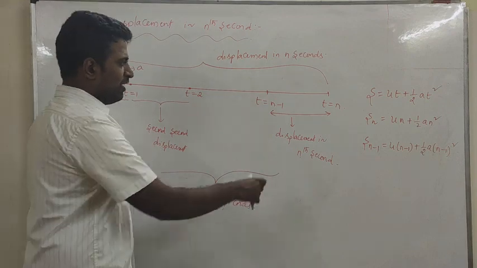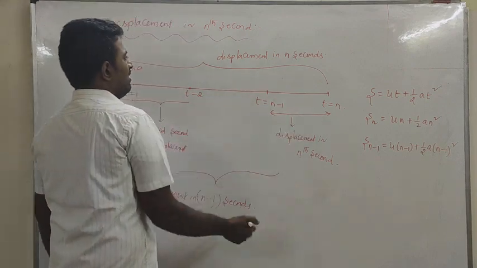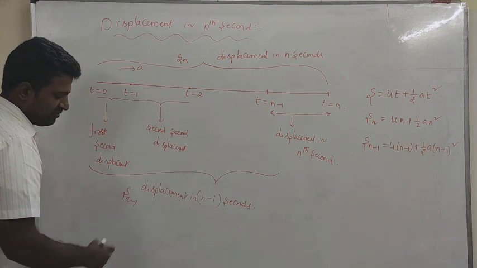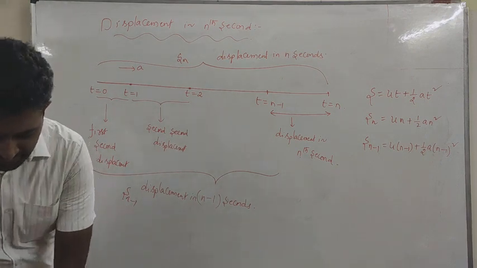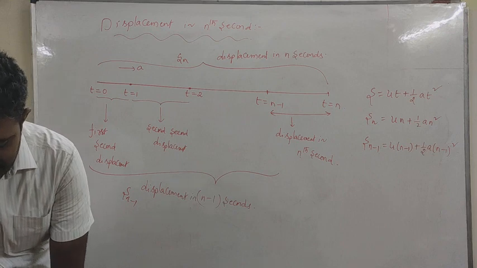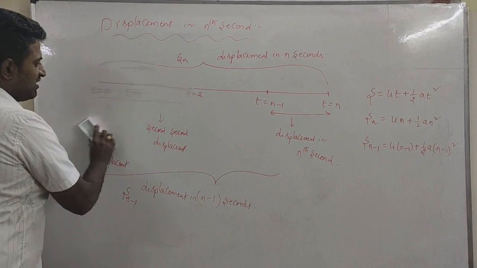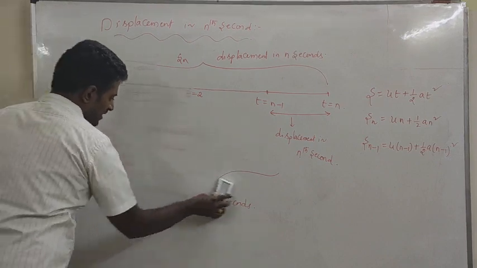Our target is to calculate this one. This one is the difference of Sn and Sn minus 1. So we will calculate the difference of Sn and Sn minus 1, which will give you displacement in nth second.